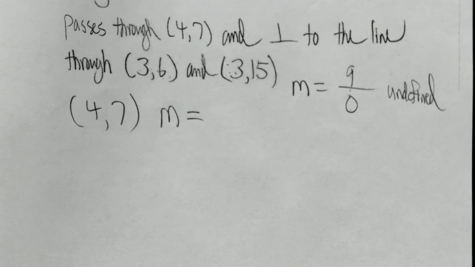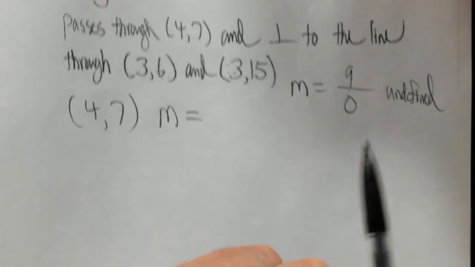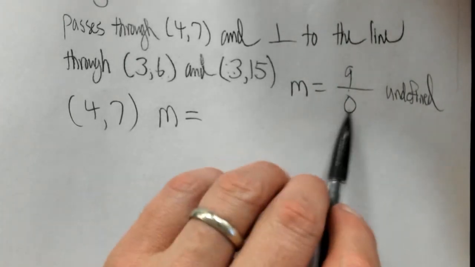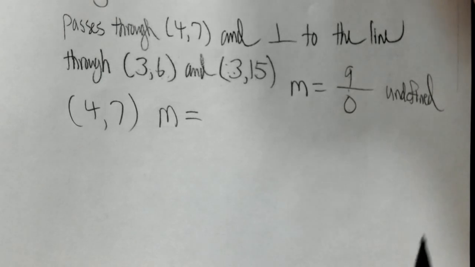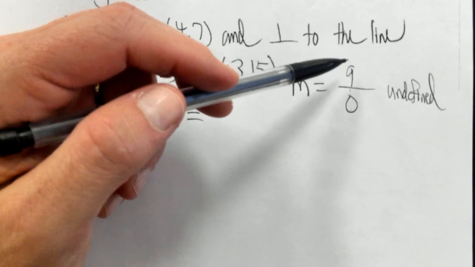So if my slope is undefined, we got to go off to the side here just a minute and come up with a little mini lesson in the middle of this to address undefined and 0 slopes. If my slope is undefined, then what we need to understand is that it means my line is vertical.